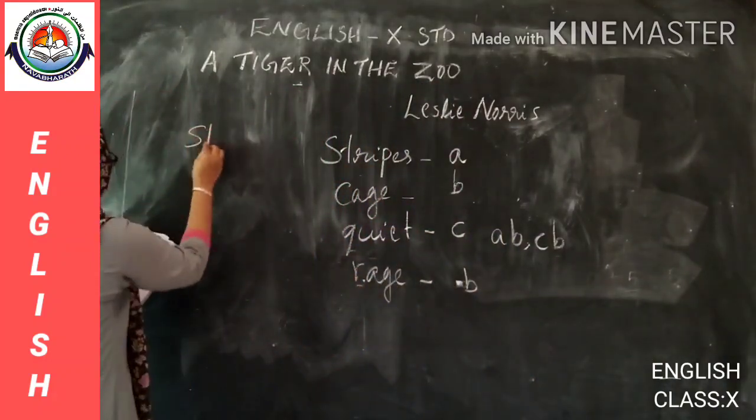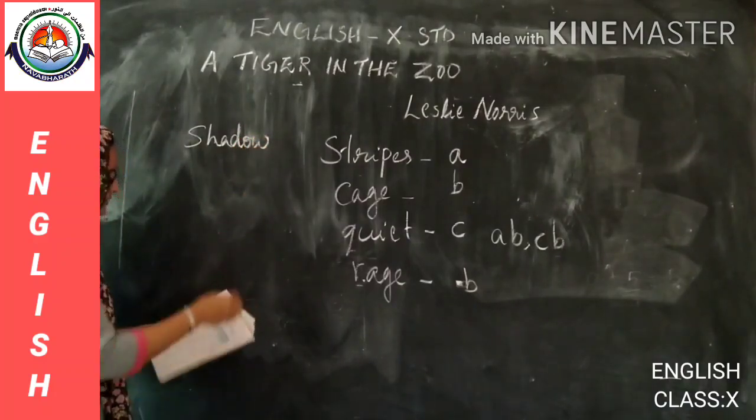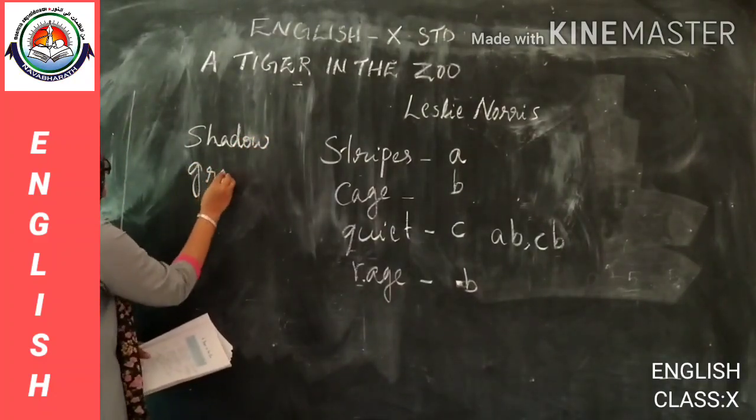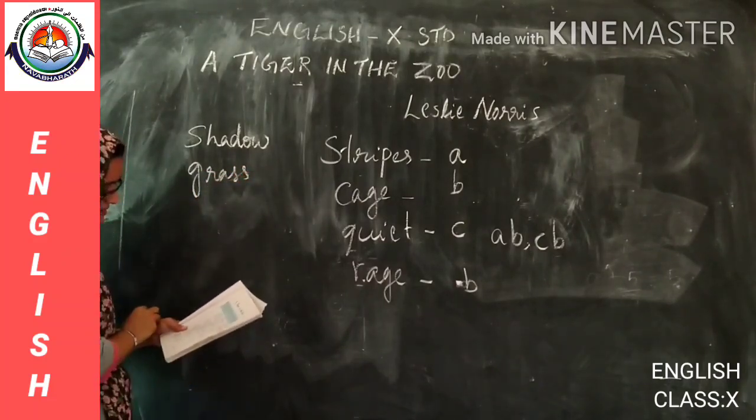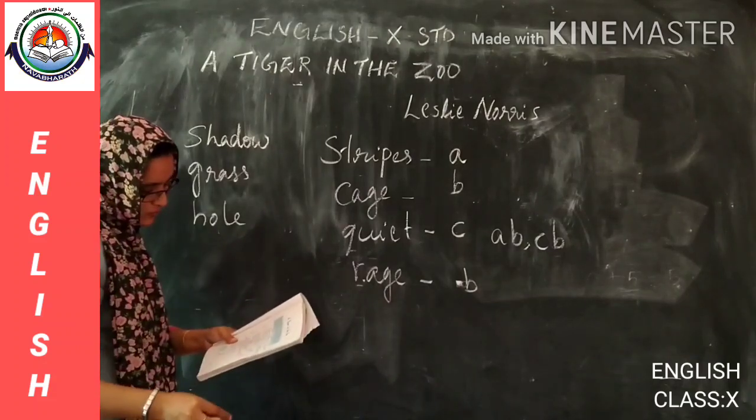Let's see the second stanza also. Here, shadow, then grass, then hole, then the next one, pass.